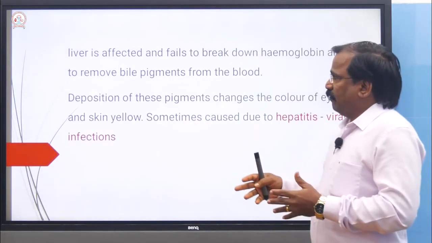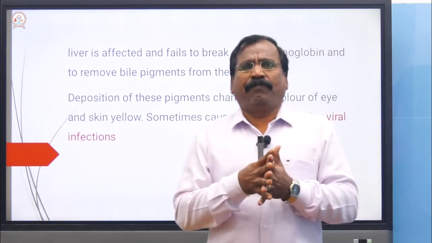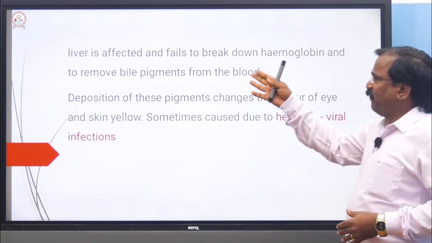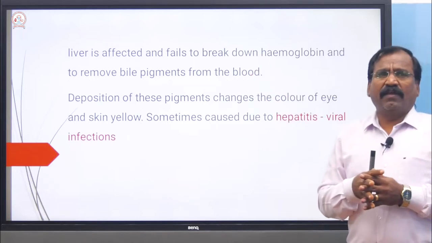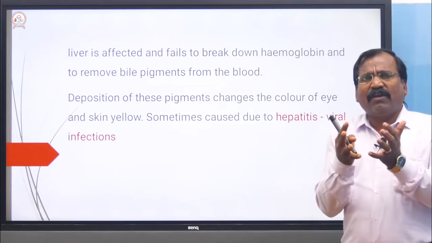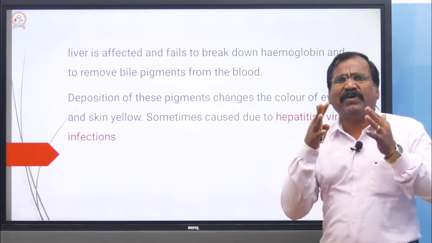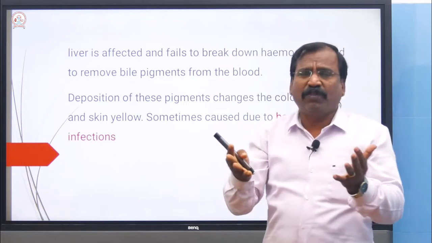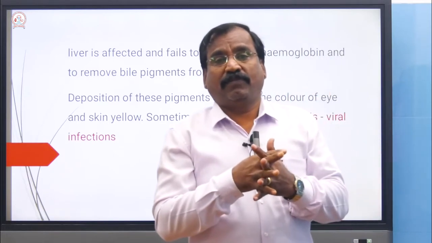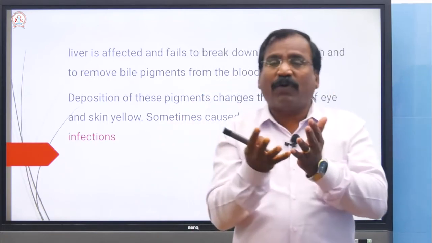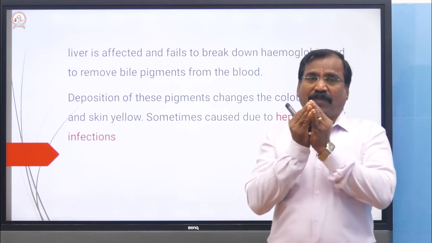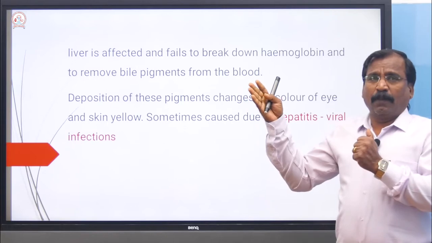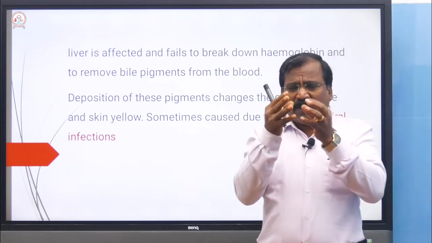So listen, the focal organ is the liver. So that liver is affected. In jaundice, the liver is not working properly. You know that the liver is the largest exocrine gland that secretes bile. If it is affected, what is the main function?